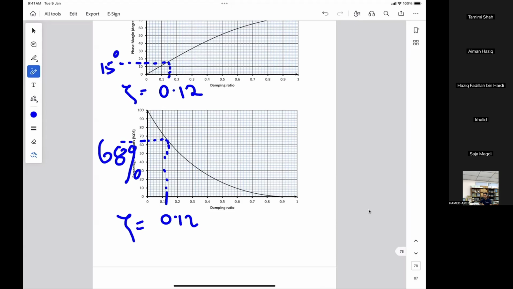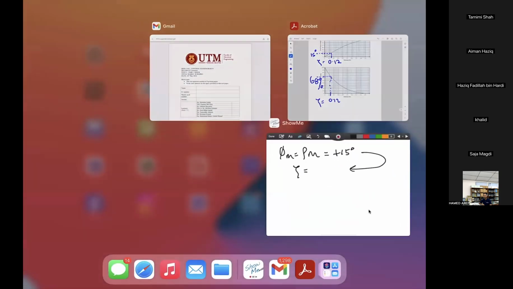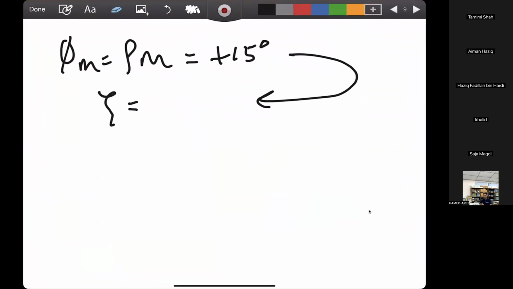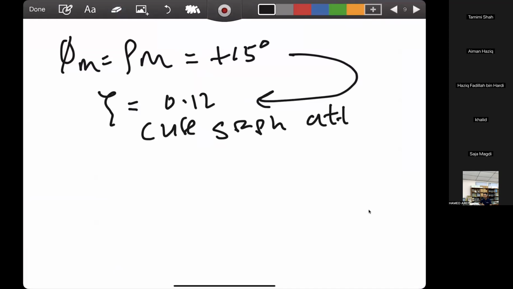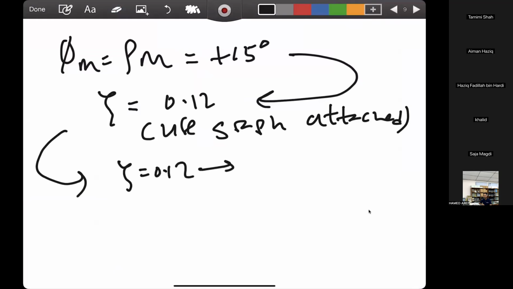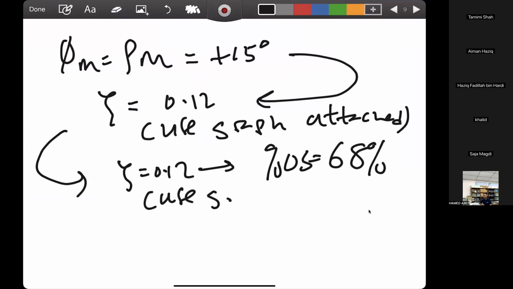I hope you understand. So this one you will get 0.12, use the attached graph. Then from zeta 0.12 you will get overshoot 68%. This one uses the graph as well.